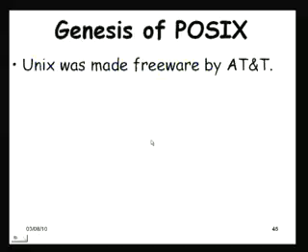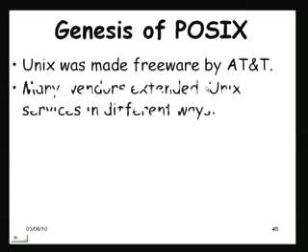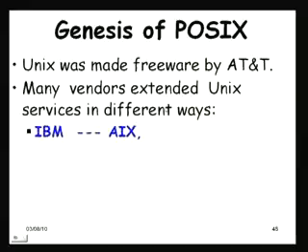Let us look at the genesis of POSIX, or the origin, how POSIX came about. We had seen so far that Unix was developed at AT&T in 1968 or 69 and was made freeware in 1975. The source code was given away, and since the source code was available, many vendors extended Unix in different ways. IBM had its AIX operating system, a derivative of Unix, on which they added several other features they thought appropriate.